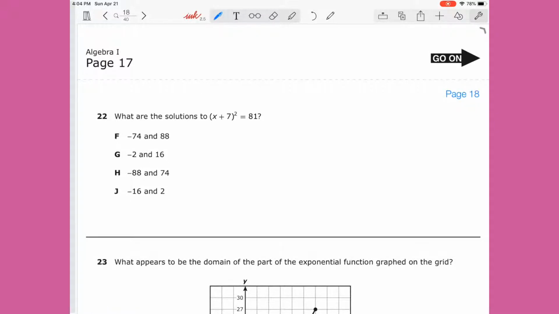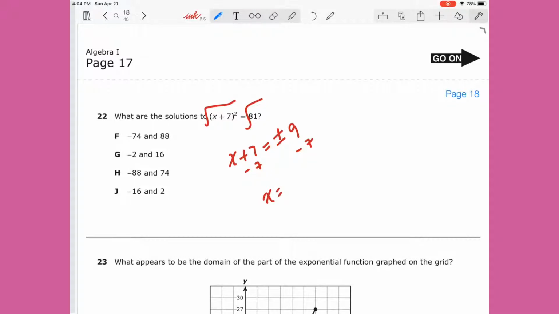All right, number 22. I have a quadratic. I have a perfect square of 81. I have a perfect square of x plus 7. So I'm just going to quite simply take the square root of both sides. That's going to give me x plus 7 is equal to plus or minus 9. Don't forget that plus or minus. Minus 7, minus 7.